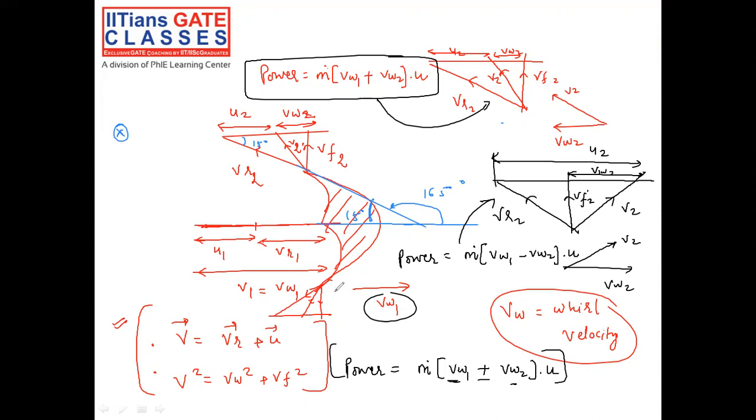Now, it will totally depend upon the component VR2 cos phi. So let me write both velocity triangles again. This is VR2. This is U2. And of course, this is V omega 2.